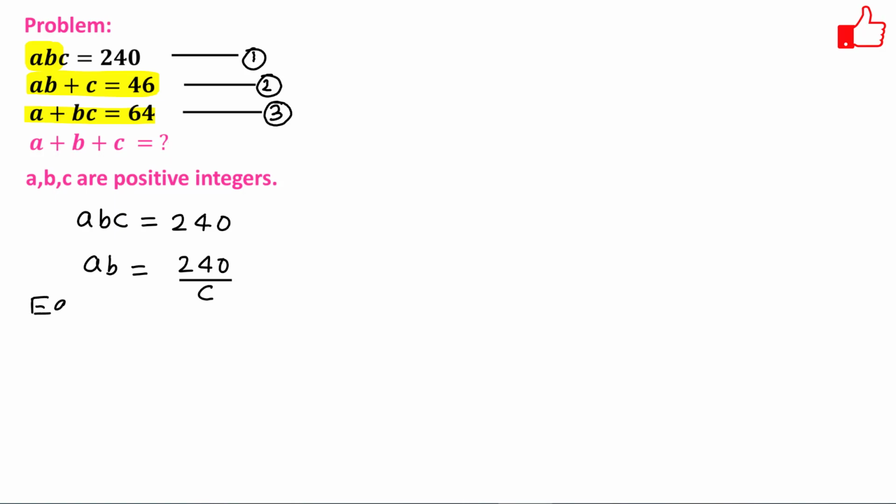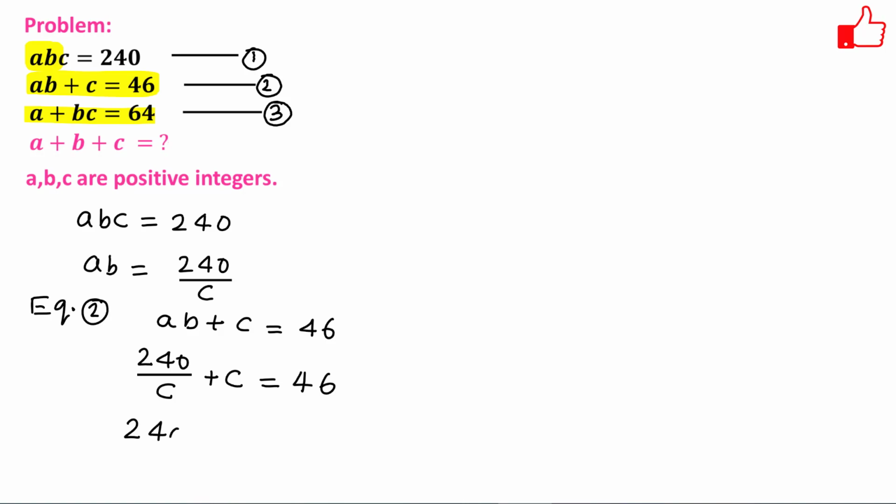Equation 2 is AB plus C equals 46, and AB is 240 divided by C, plus C equals 46. So if I multiply by C throughout, I will have 240 plus C square equals 46C.